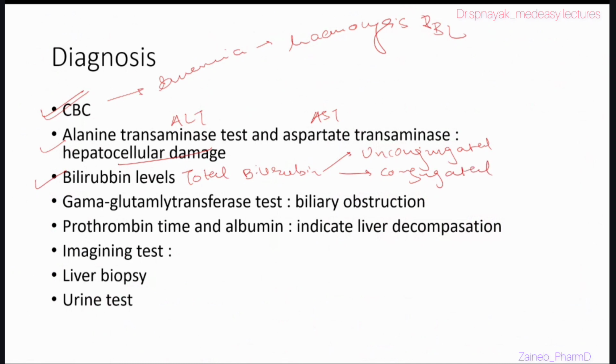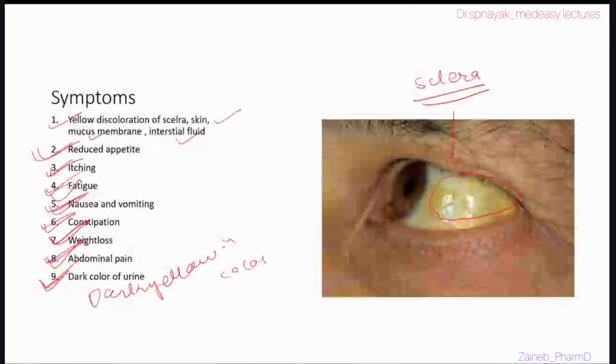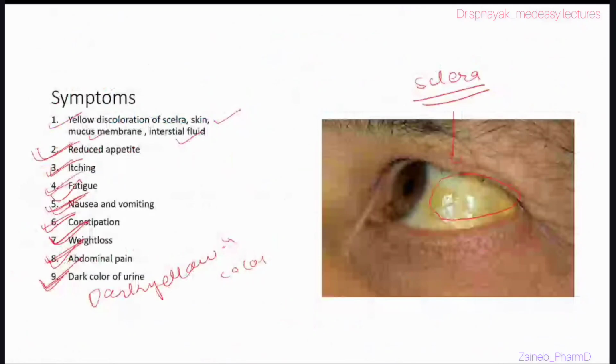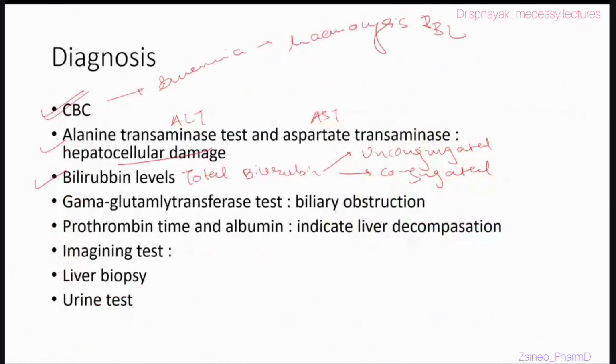So the mechanisms discussed here, the first, second, and third, will lead to an increase in the unconjugated bilirubin, and the fourth and fifth will lead to the increased concentration of conjugated bilirubin. So we can have the bilirubin test done. If it's elevated, then along with the physical examination, we can conclude that it's jaundice.